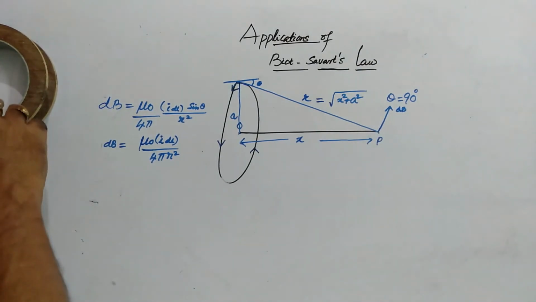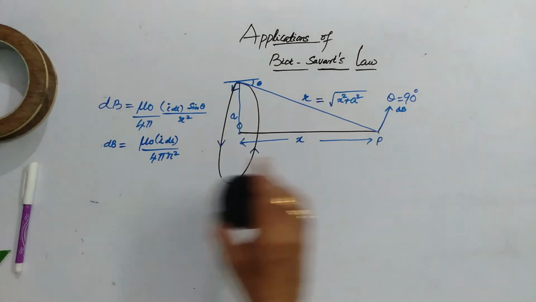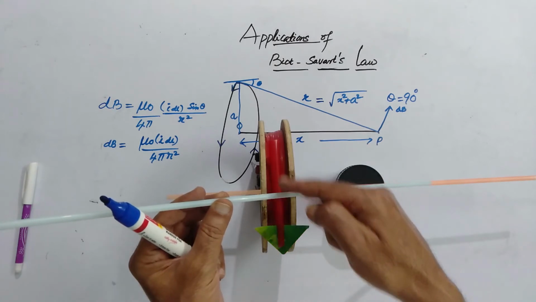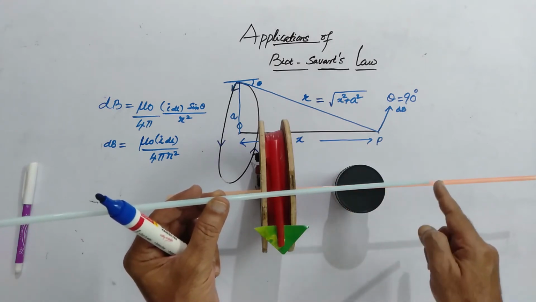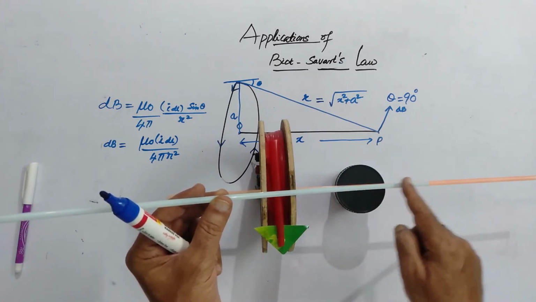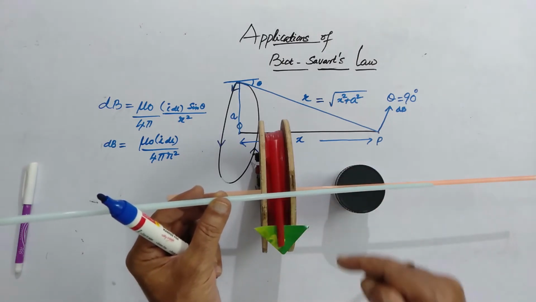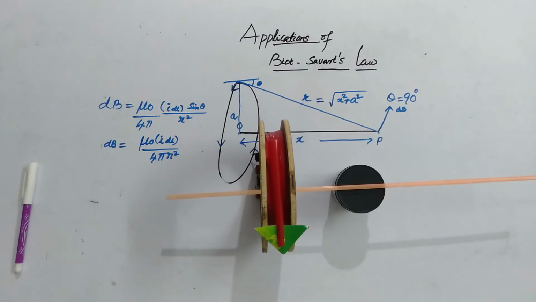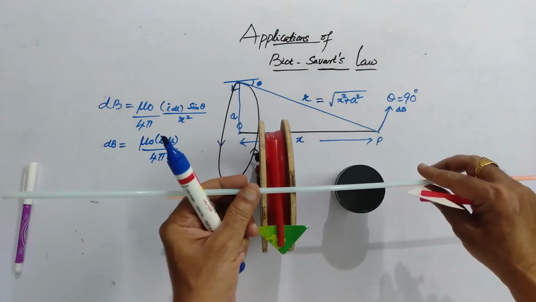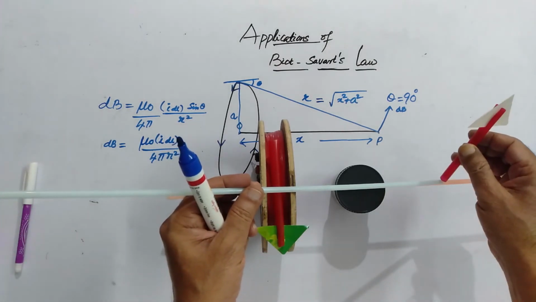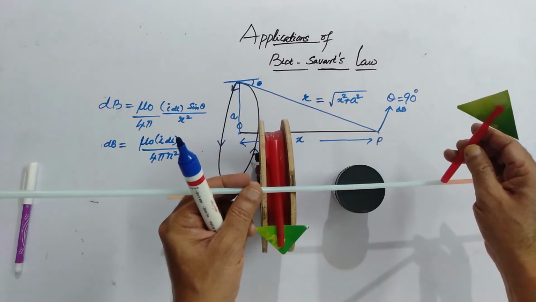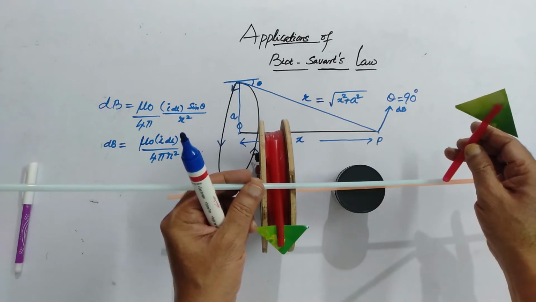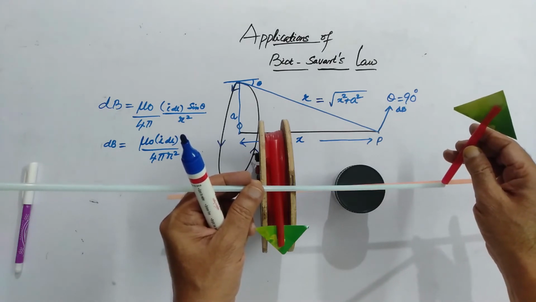How is it? Again, let's go back to our model. Now here the magnetic field generated by this should be perpendicular to this as well as the current element. For that, I'll have only one choice. The choice is like this. If you observe, the angle between this and this vector is 90.